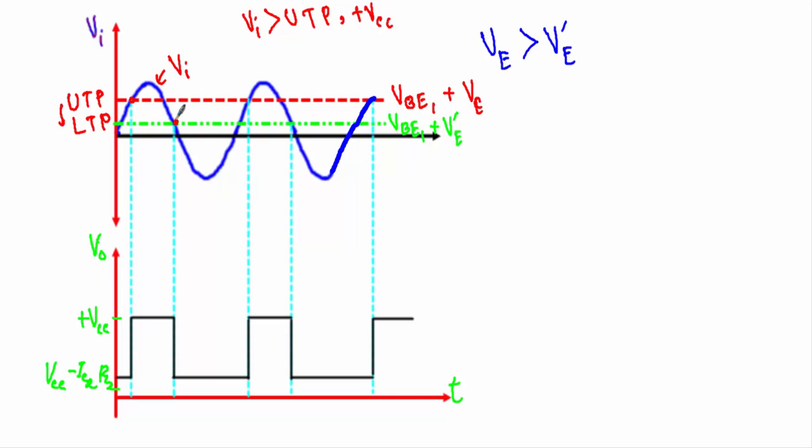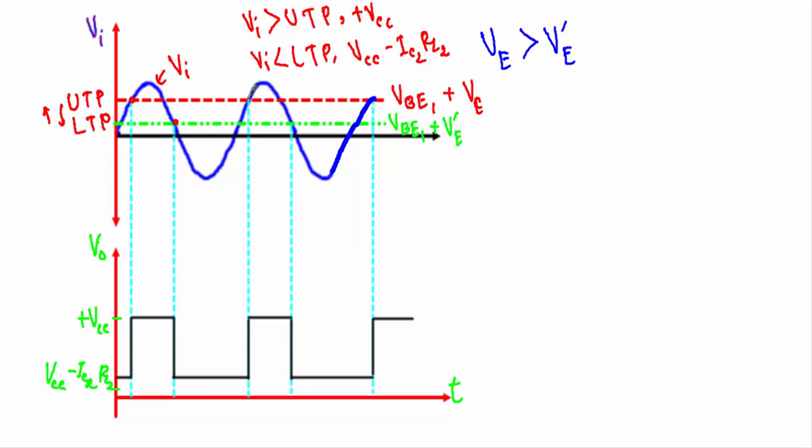At this point, the input voltage is crossing the LTP point. So when the input voltage is less than our LTP, our output voltage will be VCC minus IC2 RL2. See, our output voltage will now have a transition from this VCC to this VCC minus IC2 RL2. As the input voltage is less than LTP, there will again be a transition in the reference level from LTP to UTP.